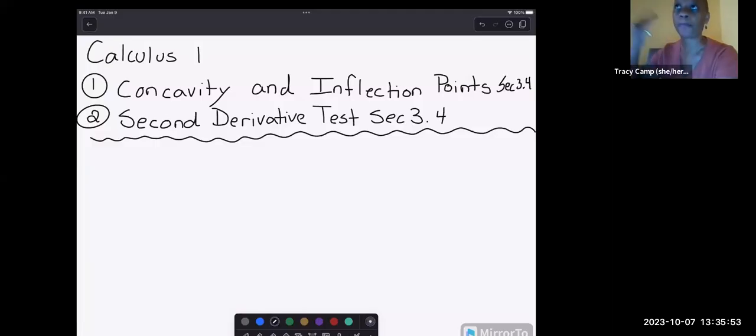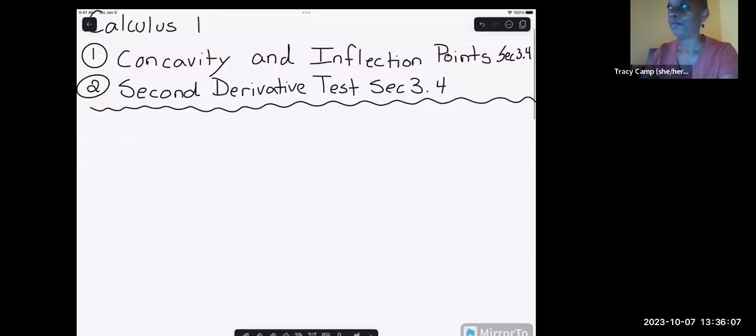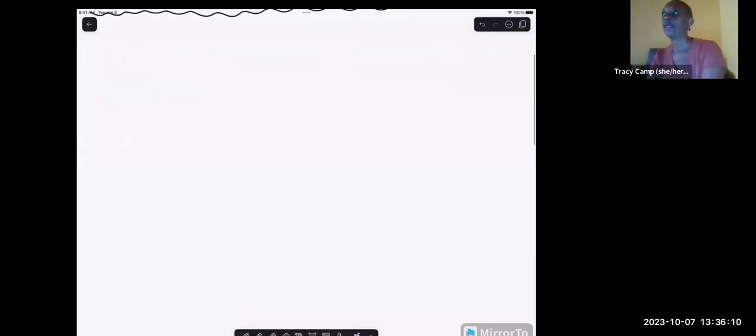Like I was saying in section 3.3, we talked about when a function's increasing, when it's decreasing, and concavity has to do with how the function is increasing or how the function is decreasing. And here's what I mean.